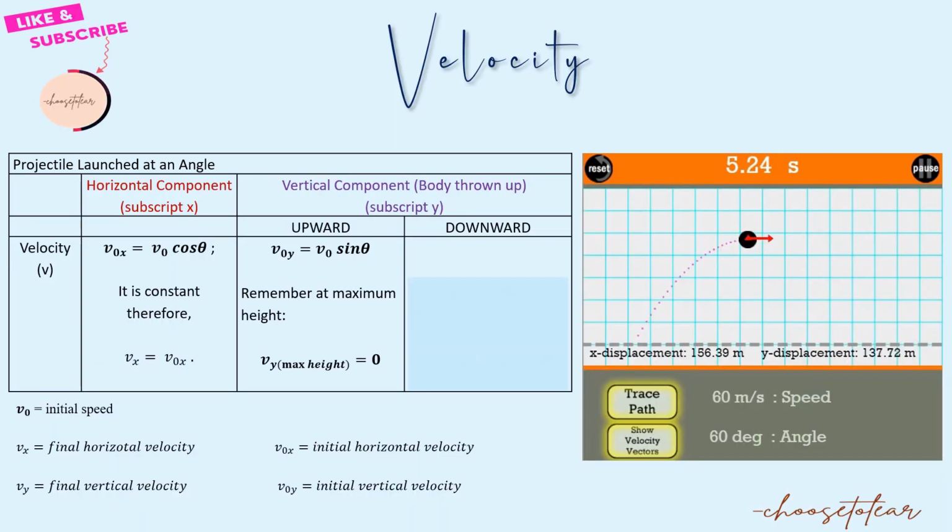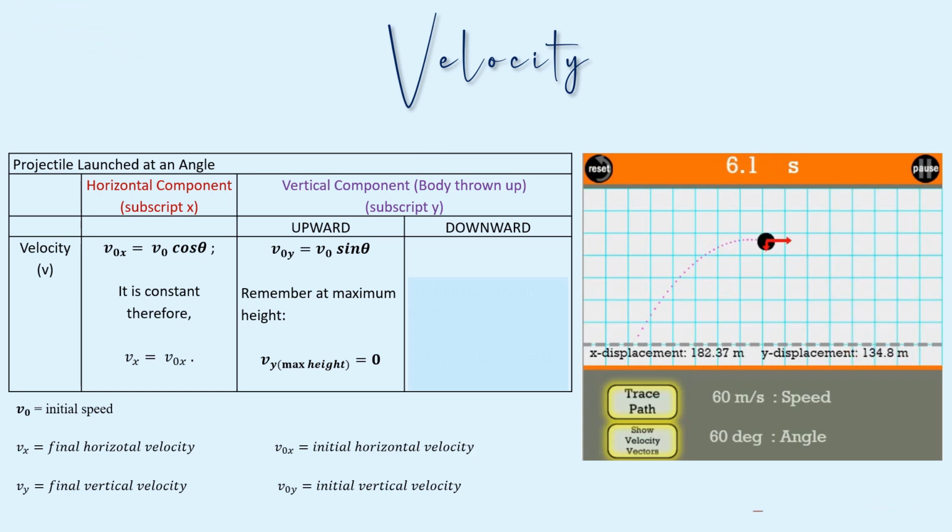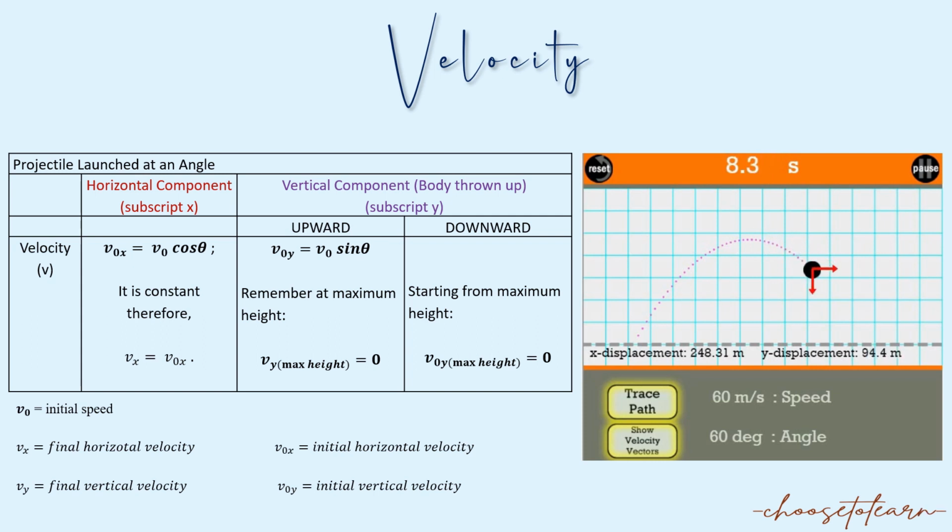Let's focus on the downward motion. So that means we are to start at the maximum height going downward. Remember, at maximum height, the velocity is equal to 0. That means our initial vertical velocity, which is going downward, is equal to 0. And going down, it is increasing.